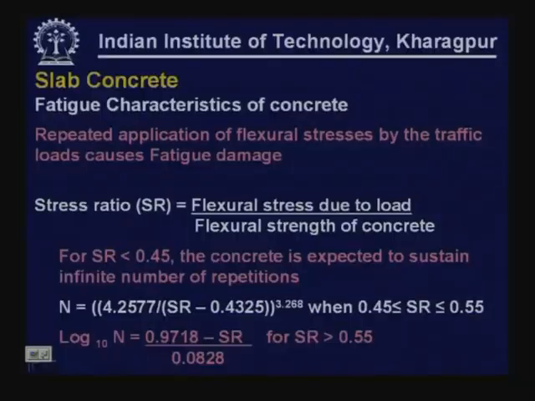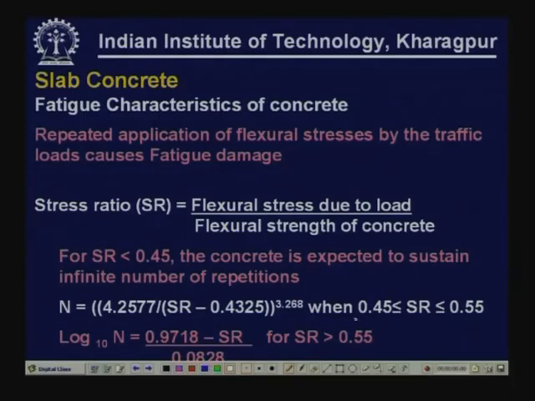But if the stress ratio is more, that means the load applied is more than the magnitude sufficient to cause a stress ratio of 0.45, then damage is going to accumulate. So, the number of repetitions concrete can sustain is given as a function of stress ratio.